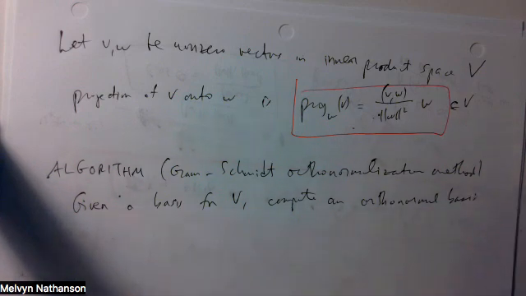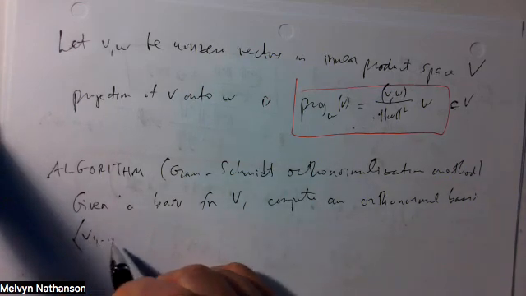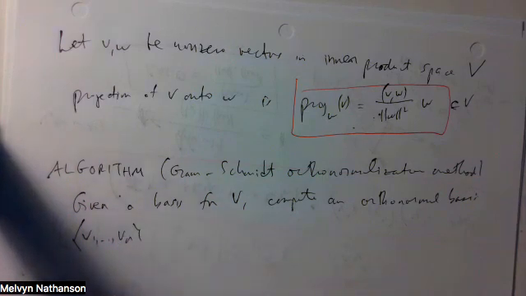So I'm going to start with the basis. Let's see. V1 up to Vn, this is a basis. So given a basis, V1 up to Vn, I want to compute an orthonormal basis.